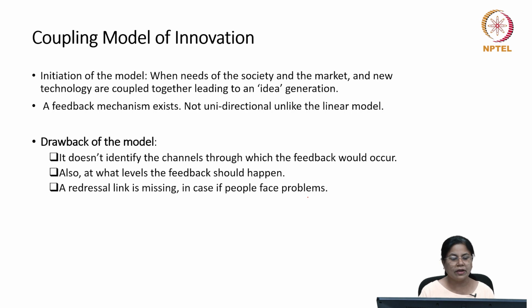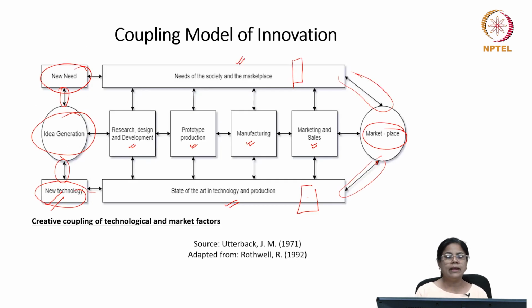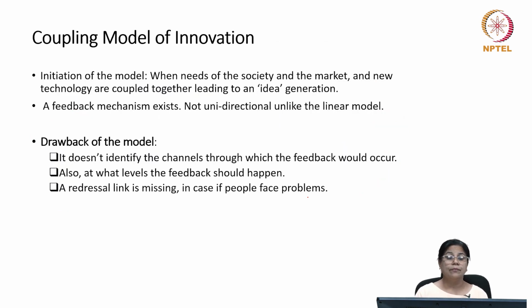What are the drawbacks which have been pointed out? First, it doesn't identify the channels through which the feedback would occur. It is not very easy for the team involved in manufacturing to simply go to the marketplace, get their survey done, and incorporate it in the process. What are the channels through which this feedback will occur, at what level should the feedback happen, and in case there is a challenge, where will the redressal come from? If a certain problem arises, who will find the solution?